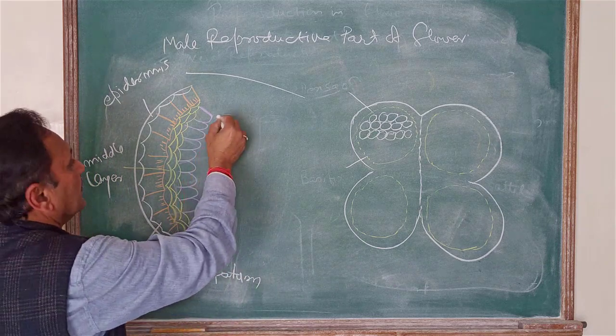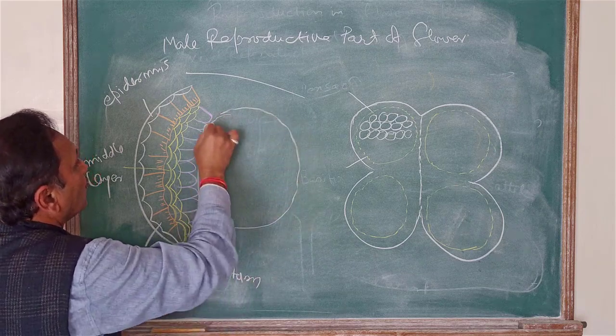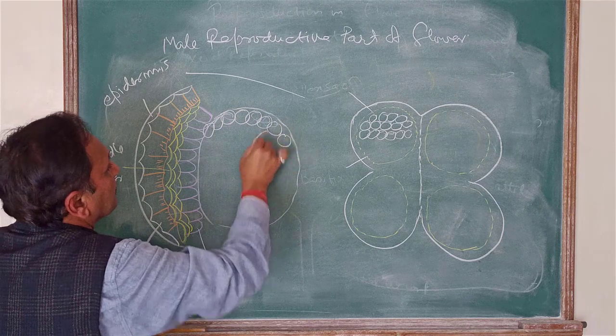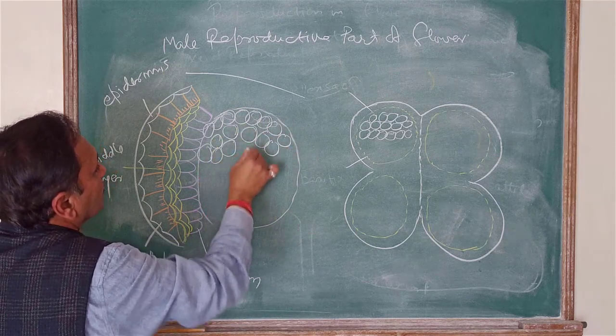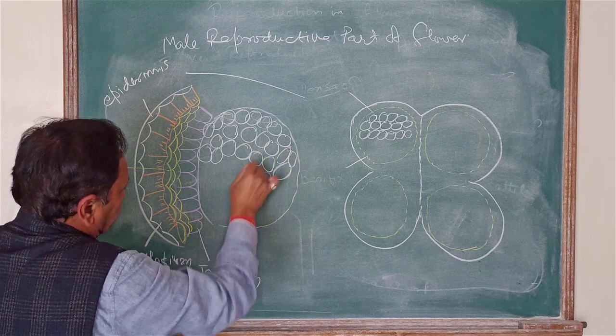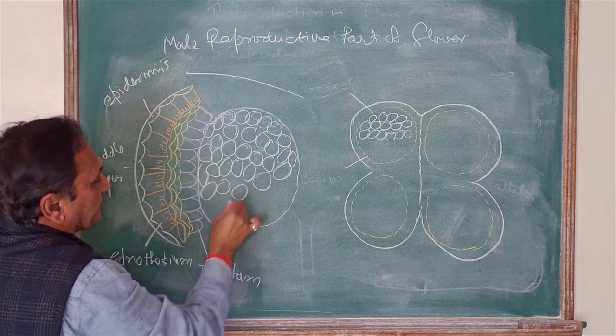Inside the tapetum are the spore mother cells, compactly arranged spore mother cells or microspore mother cells, because they are responsible to form microspores, that is called pollen grain.